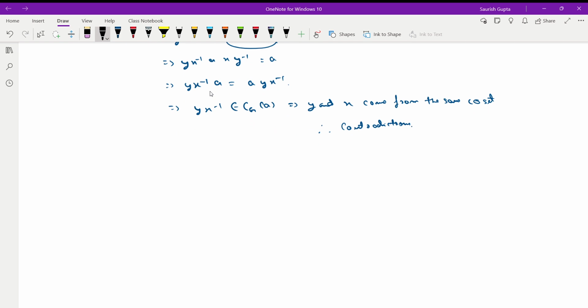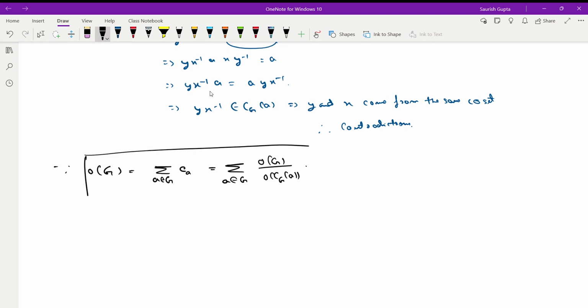Since the order of G is the summation over the number of distinct conjugates of A in G, ranging over elements A in G, I can write this as the summation over A in G of the order of G upon the order of the centralizer of A in G. This is what we call the class equation.